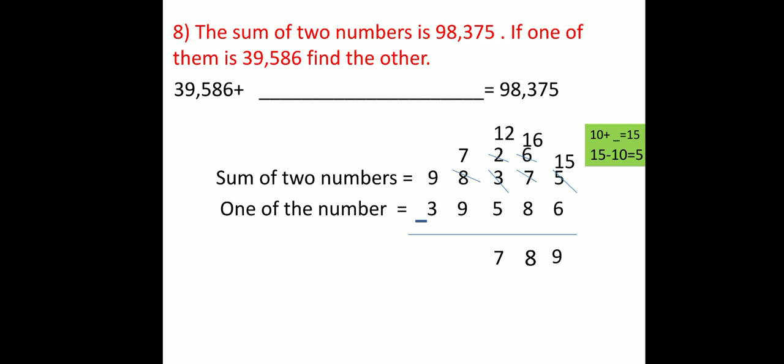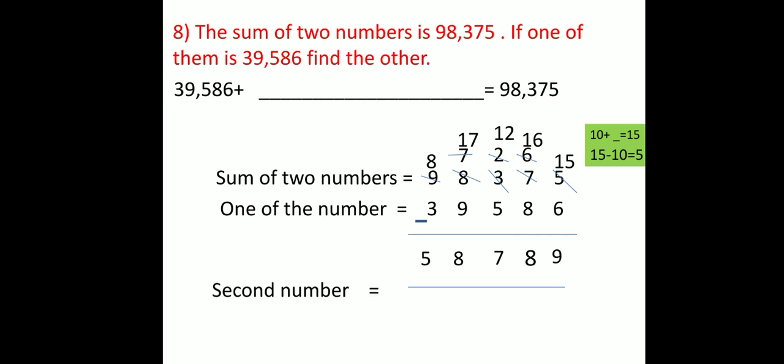No. Then borrow from 9. Then 9 becomes 8 and 7 becomes 17. Now 17 minus 9 is equal to 8. Then last one, 8 minus 3. How much? 5.